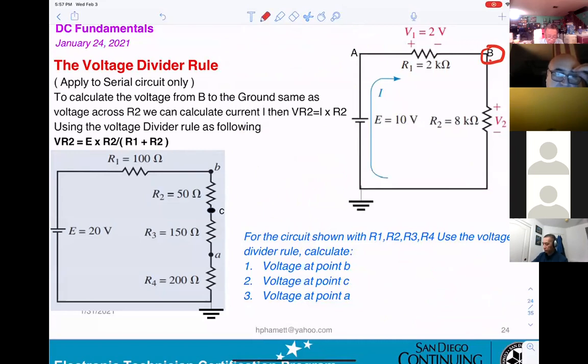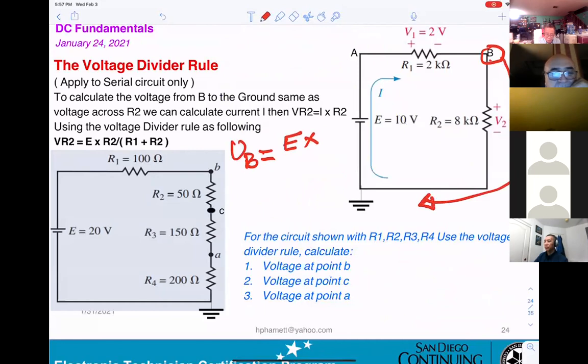Now, in order to calculate with the voltage divider, VB equal to the E times any voltage from B to the ground.